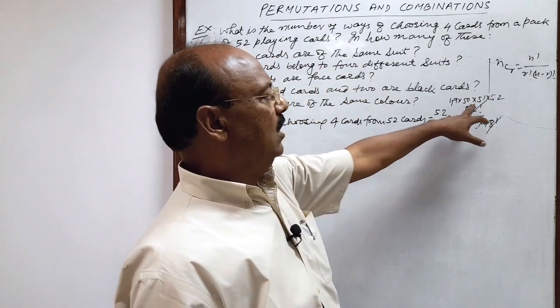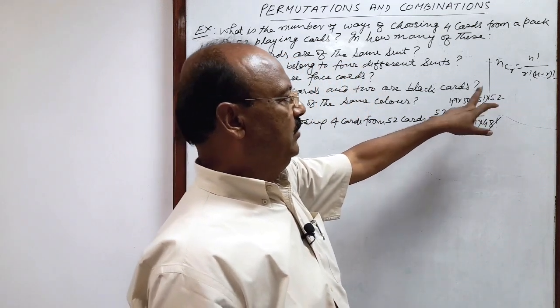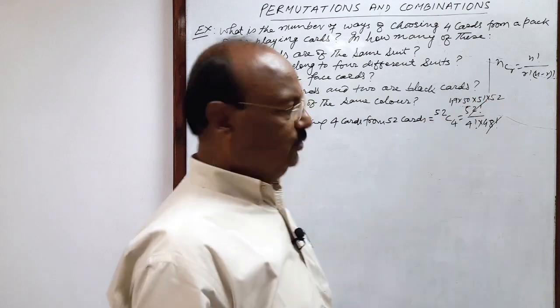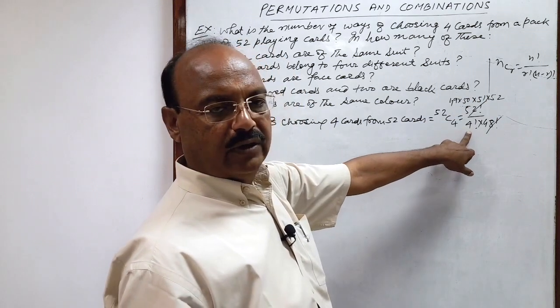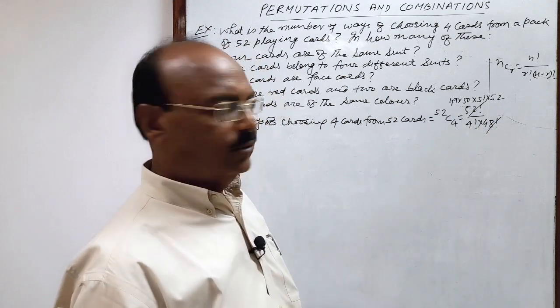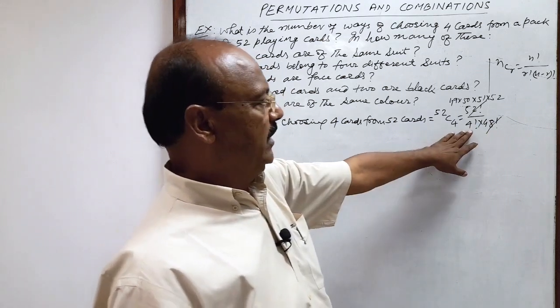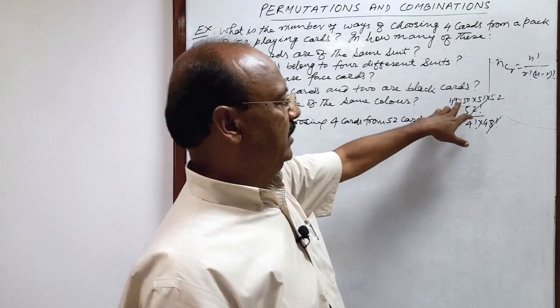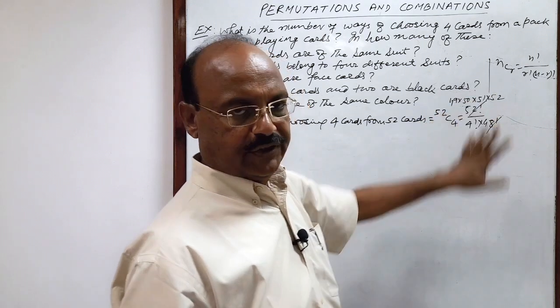Now we have to solve it. 49 into 50 into 51 into 52, and denominator is 4 factorial, that is 1 into 2 into 3 into 4, means denominator is 24 and numerator is this multiplication.